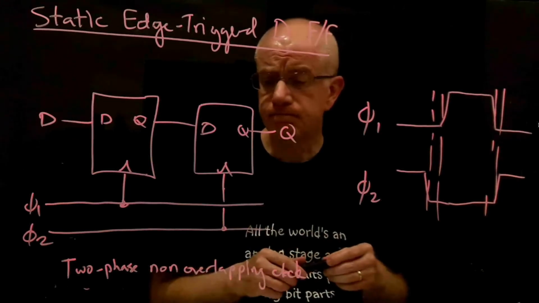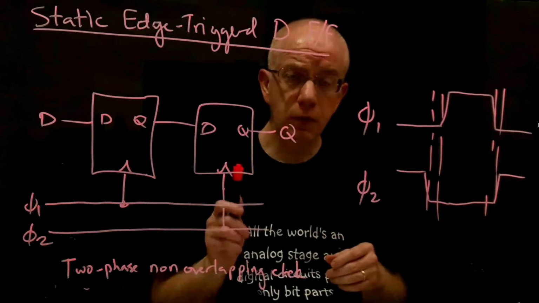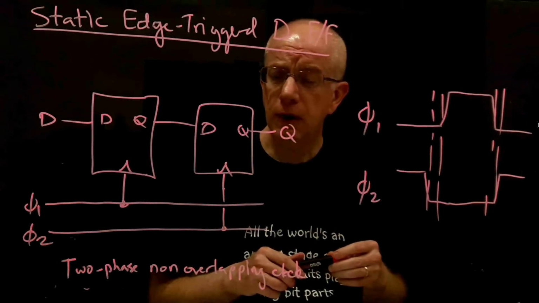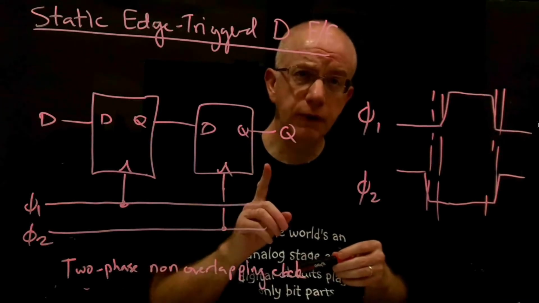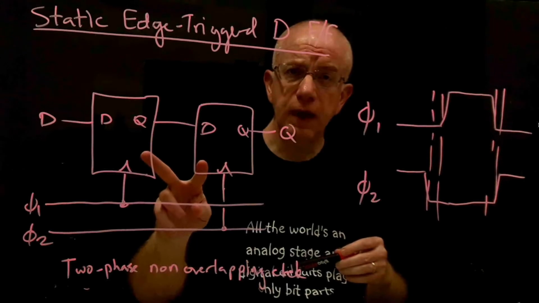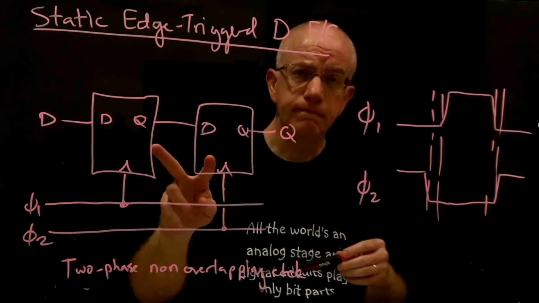Instead, with this design that we're going to work through, what we're going to do is to distribute a single clock phase and have our two level sensitive latches be slightly different designs.